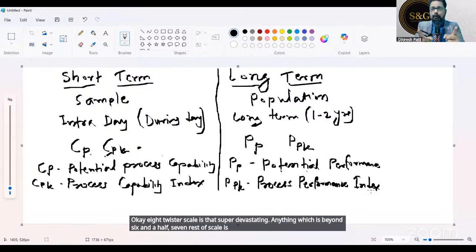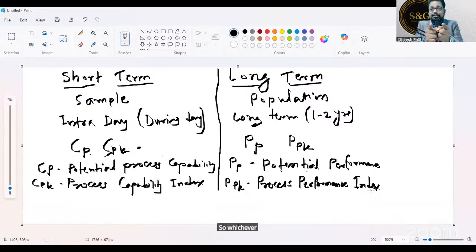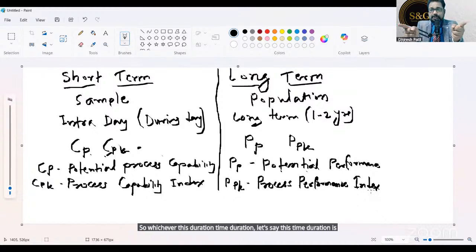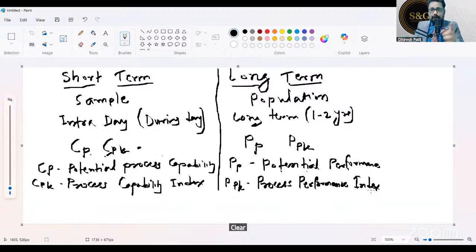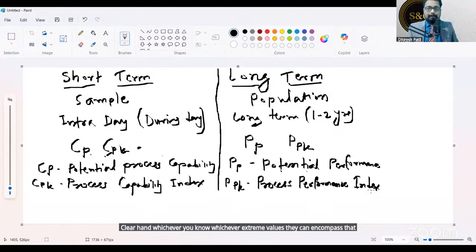So now let's say if the Japanese have seen the lowest earthquake at 2 Richter scale and the highest earthquake at 8 Richter scale, and this time duration is 200 years, then 200 years is long-term data for them. Clear? Whichever duration encompasses the extreme values is called long-term process capability.